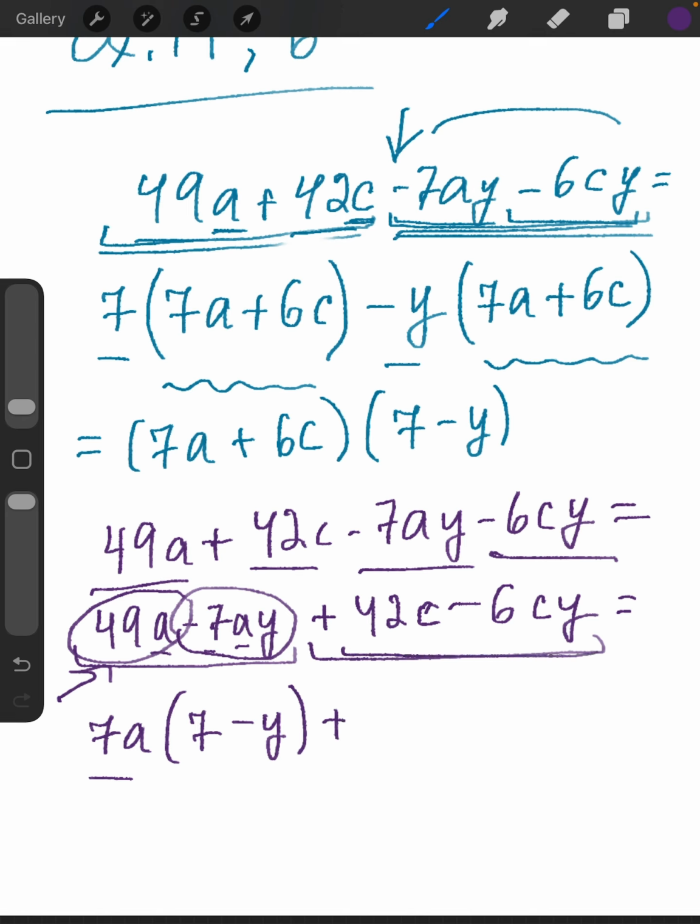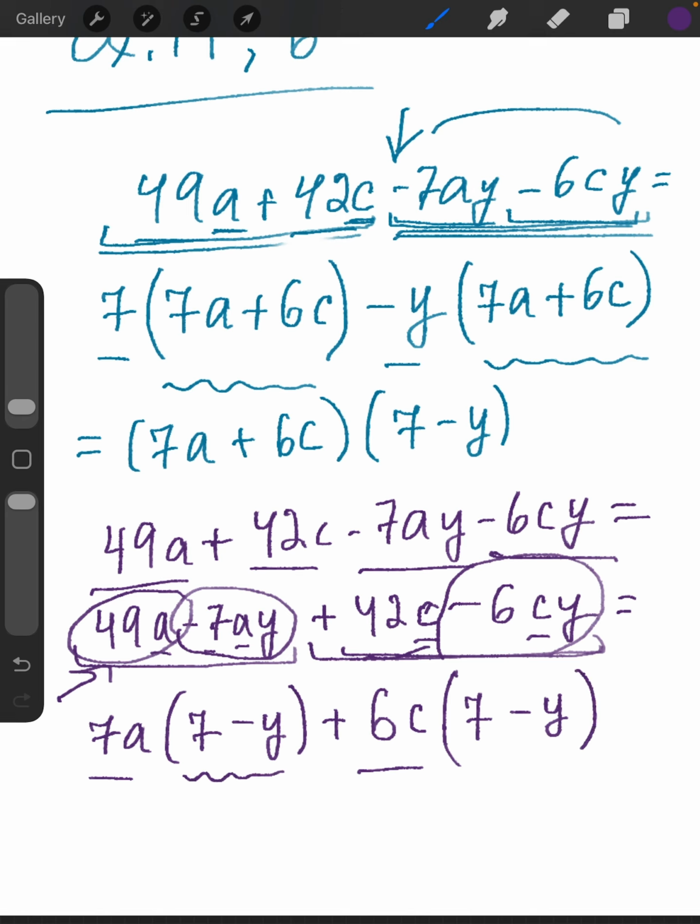Plus, in this expression here, of course, we're going to take out 6, right? But these two terms also have c in common. So c comes outside of the parentheses. 42c divided by 6c equals 7, right? And then negative 6cy divided by 6c equals negative y. And we will close parentheses.